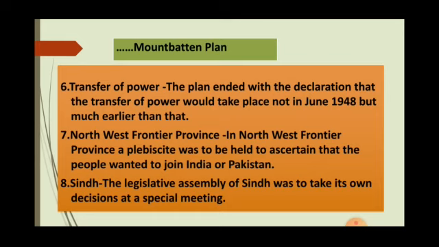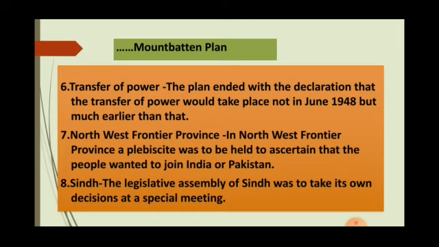The seventh provision of the Mountbatten Plan is related to Northwest Frontier Province. In Northwest Frontier Province, a plebiscite was to be held to ascertain whether the people wanted to join India or Pakistan.